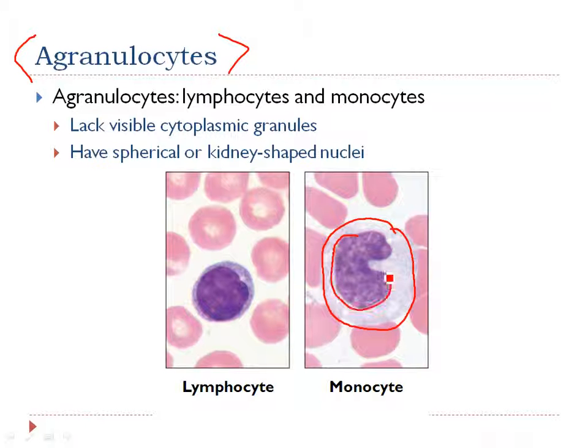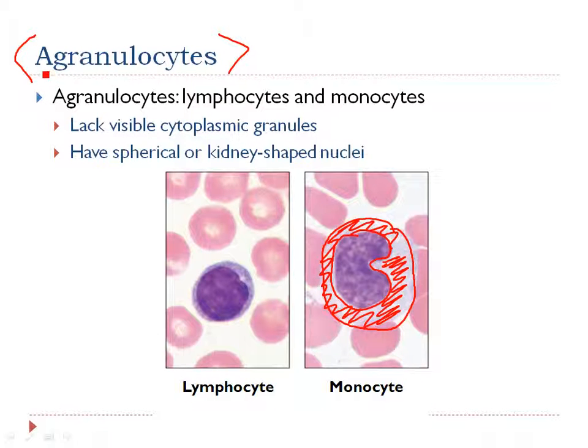they'll have a very large prominent nucleus. The cytoplasm, though, with the dyes that are used to make these cells more visible in the laboratory, tends to have a sky blue type color, and you don't see the prominent, large, obvious granules.